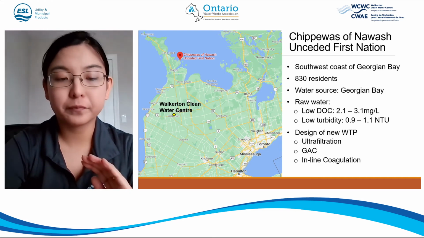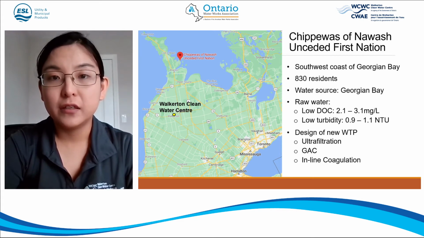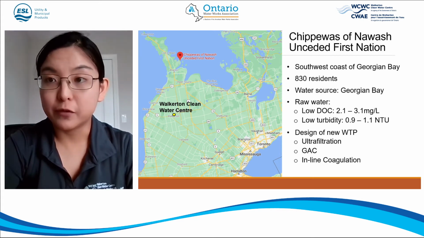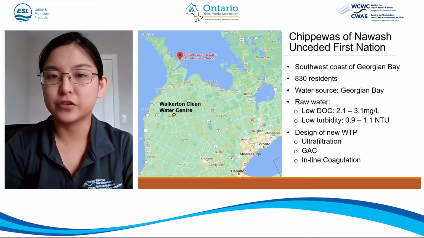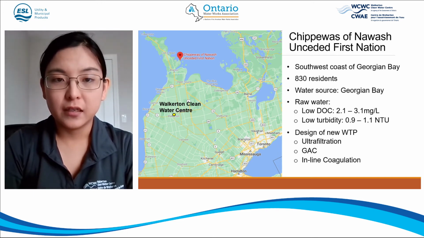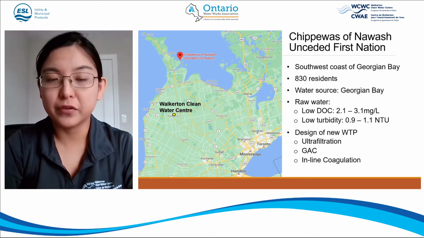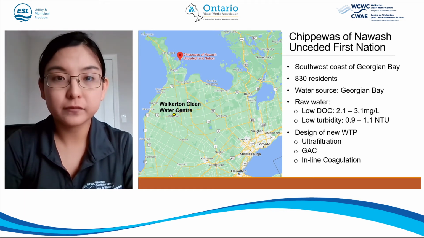So that means coagulation may not be effective to remove DOC from water. So they're trying to use another design, and the new design will be with a membrane system. And they're also thinking about GAC and inline coagulation.